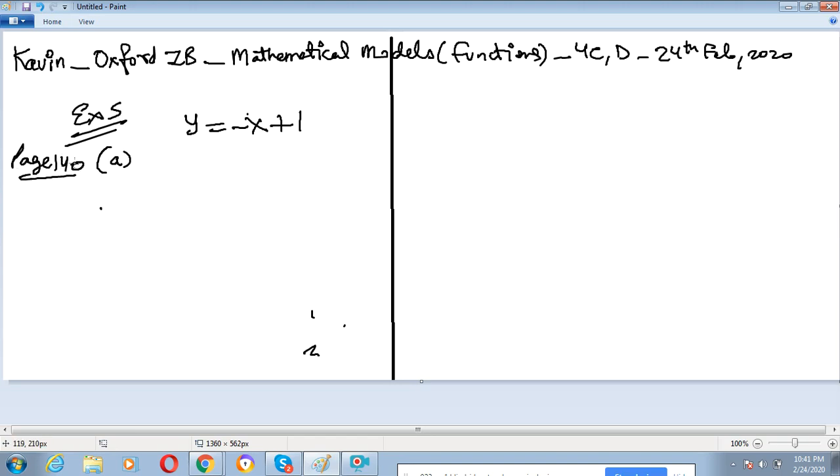Okay, now you can read the question. Draw the graph of function y equals to minus x plus 1. Can you read it? Yeah. Okay. Draw the graph of the function y equals negative x plus 1. So first part is you have to draw the graph. Second part is we have to find the points where the graph intercepts the x-axis and y-axis, where it cuts the x-axis and where it cuts the y-axis.